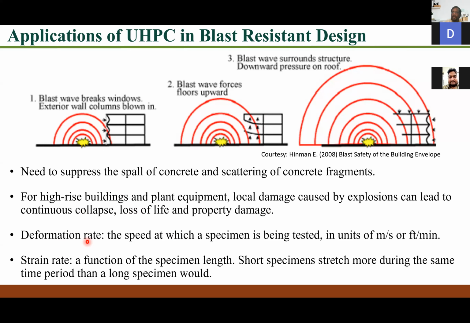When you test it in a universal testing machine, you apply the load, and it is measured in the form of the cross-head movement of the machine. But strain rate is also a function of the specimen length. Usually short specimens can stretch more during the same time period than a long specimen, because if you keep the same strain rate, shorter specimens will undergo larger stretching than longer specimens.